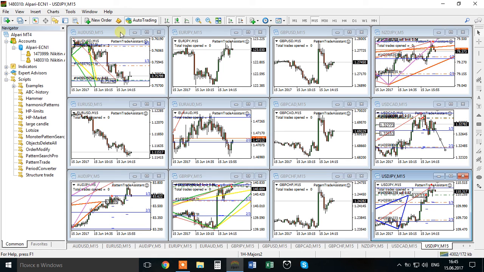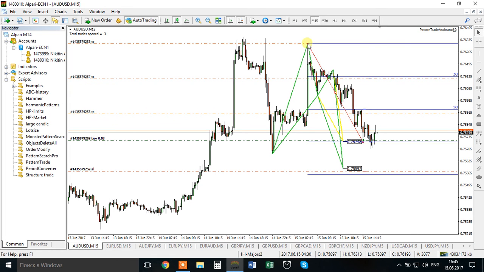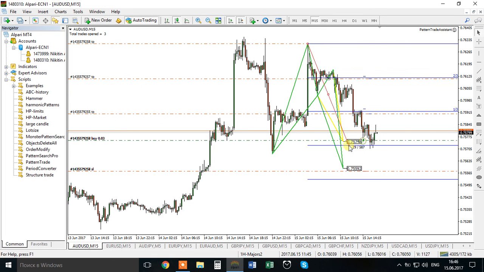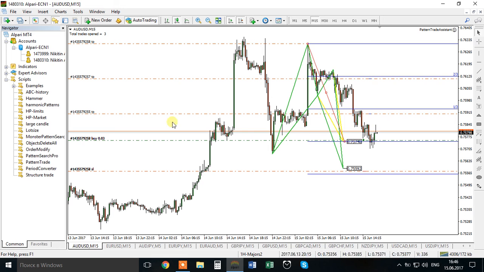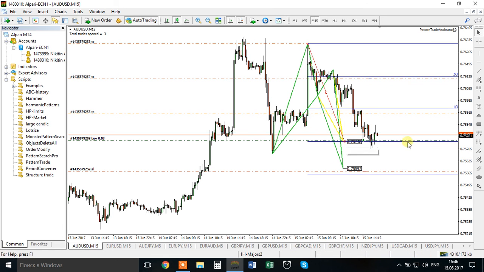Once again, guys, stretch your Fibonacci's from A to D to your level. Either double click on HP limit or HP market, and you will have the 3 trades placed. 1/3, 2/3 and the whole are your targets, and 1/3 is your stop loss.